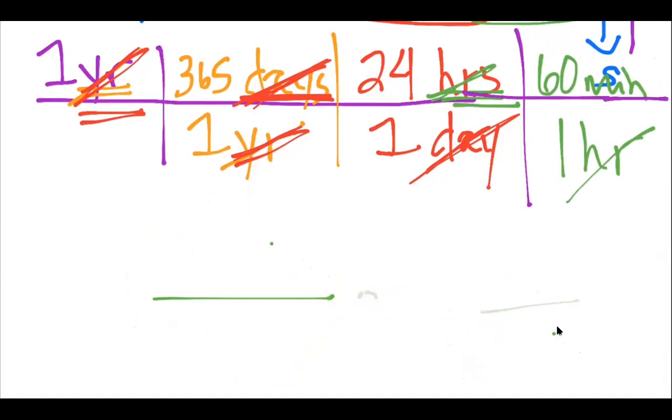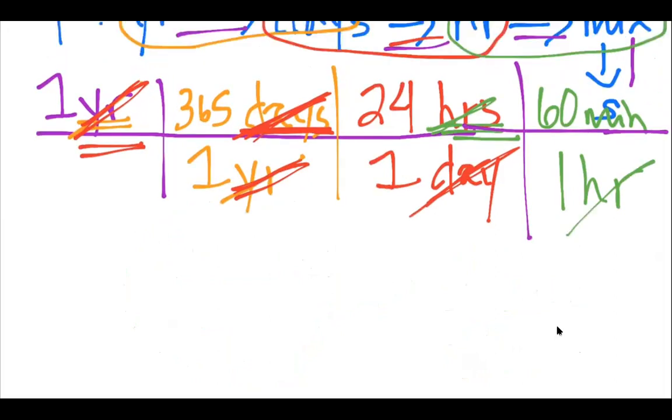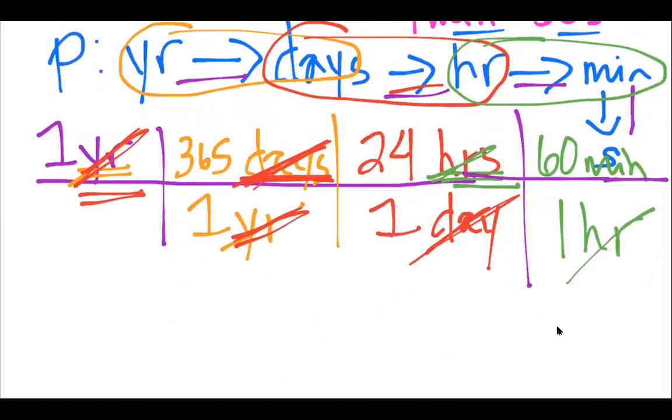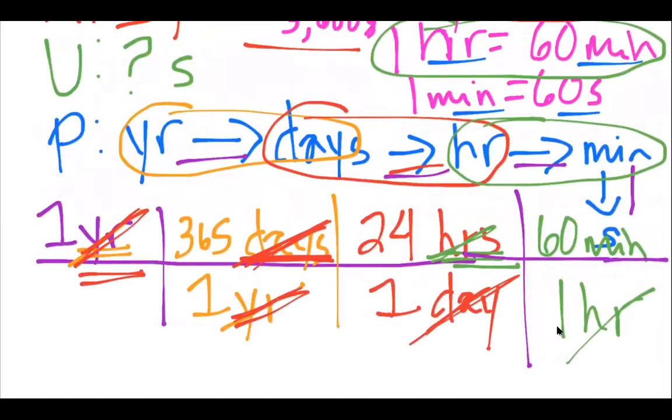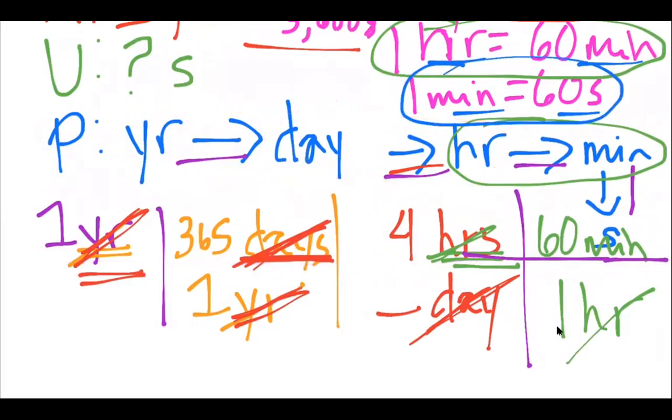Our last step is to go minutes to seconds. And we know from up here, my conversion factor is 1 minute equals 60 seconds. So again, no, I didn't mean to do that. Uh-oh. Put our line back in here. Okay.